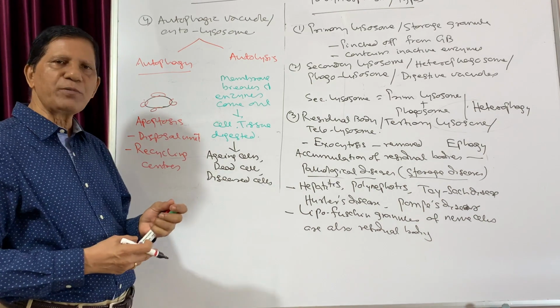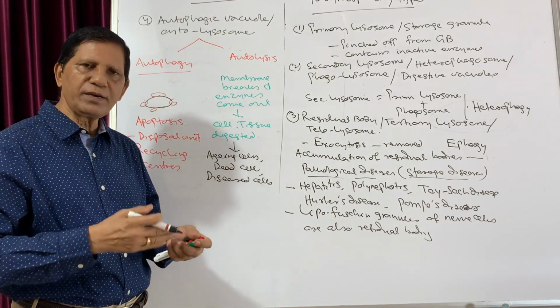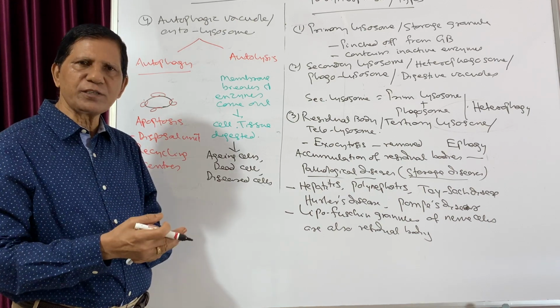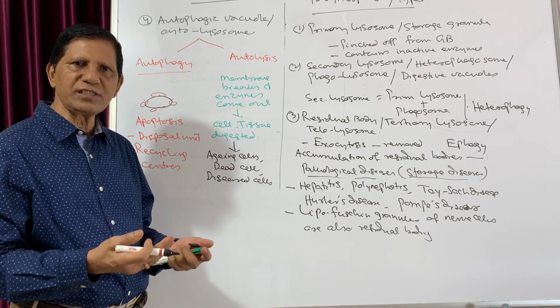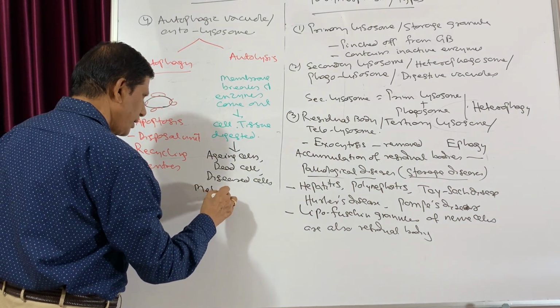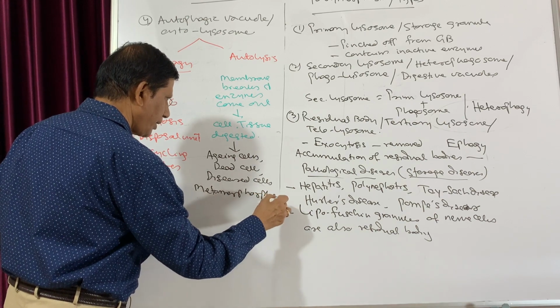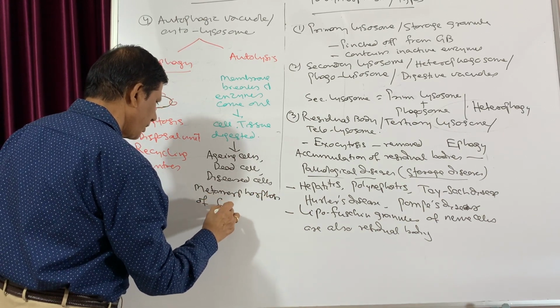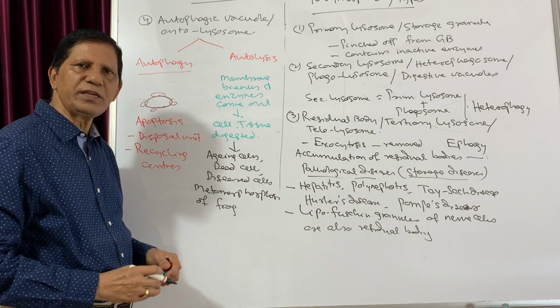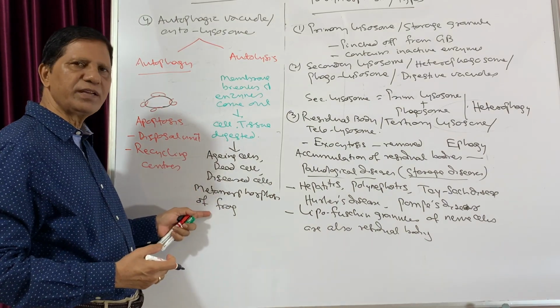This happens mostly during the metamorphosis of a frog. When metamorphosis takes place, the tail is removed, that is, digested. That is one example. The extra organelles are also completely digested by this method.